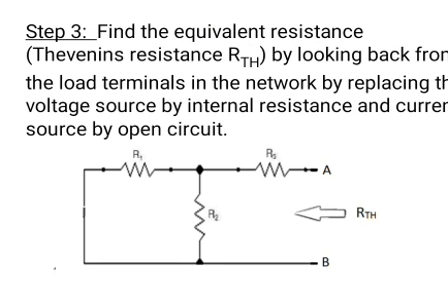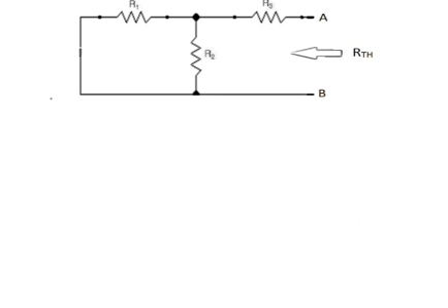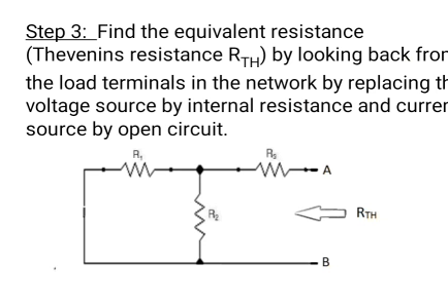Next, find the equivalent resistance, that means Thevenin's resistance RTH, by looking back from the load terminals in the network, replacing the voltage source by its internal resistance and current source by open circuit.